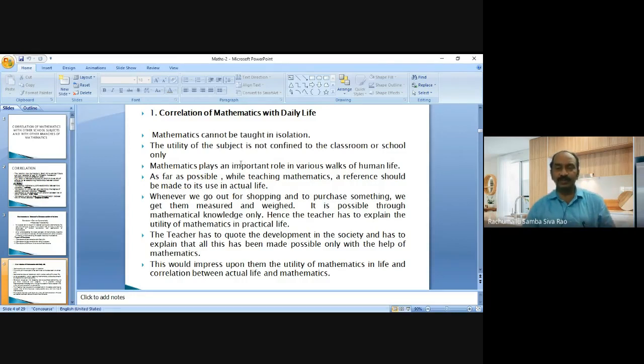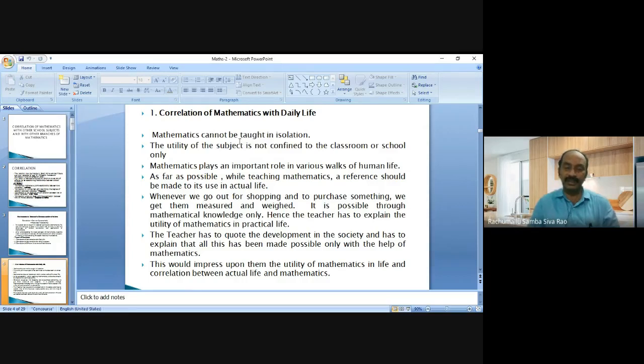For example, if we teach a concept in a classroom under mathematics or physical science, whatever the subject may be, then after leaving the school, at home or anywhere, or while solving a problem of his personal life, the concept which he has learned in the classroom should be applied by the student.